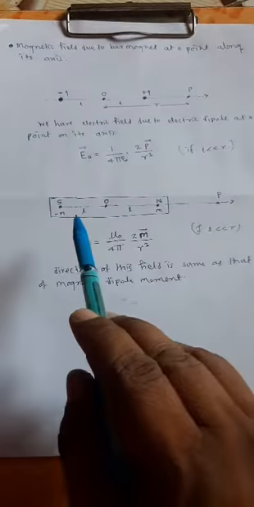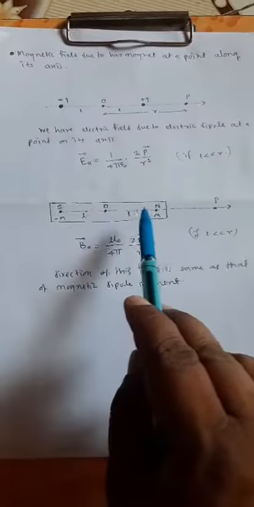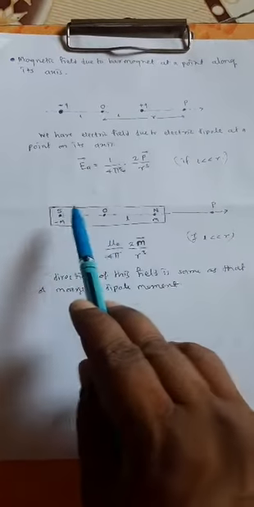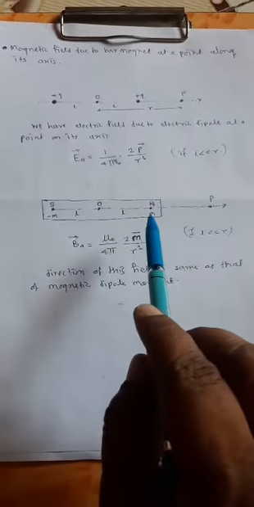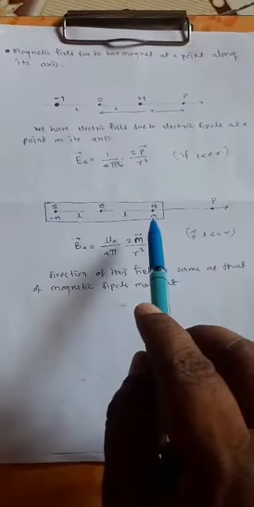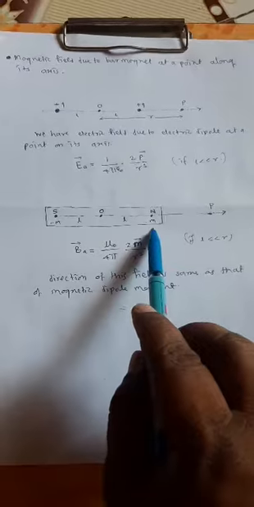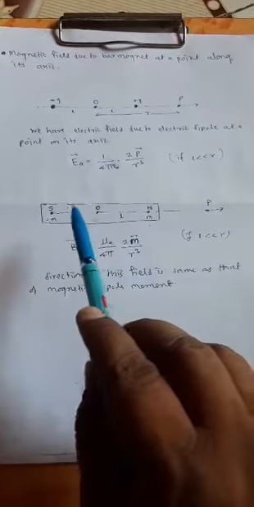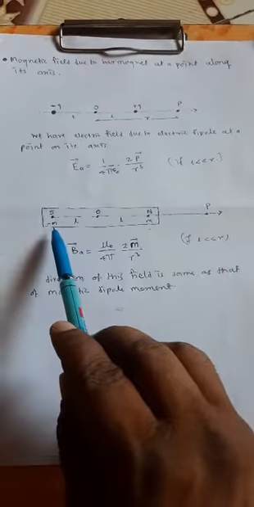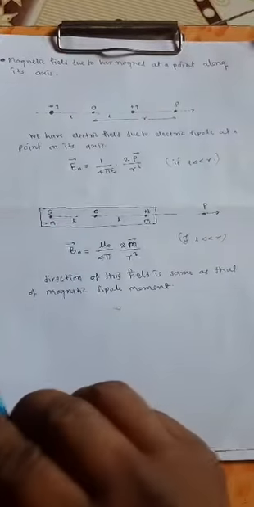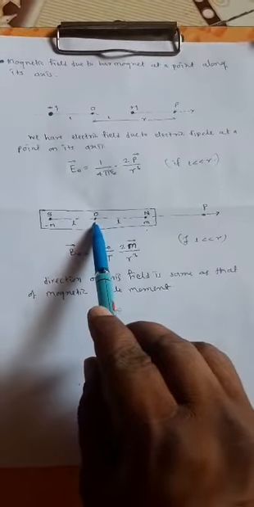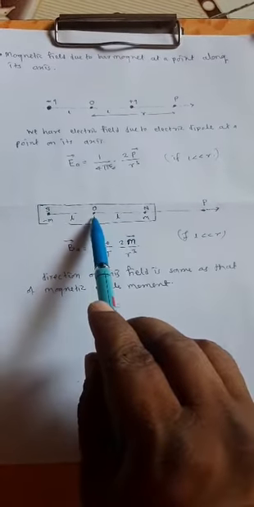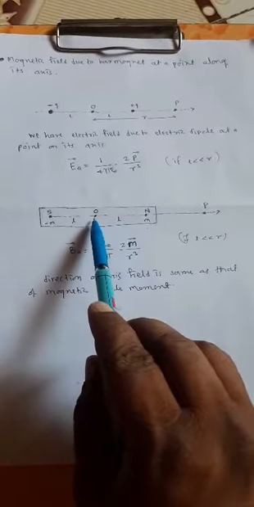Now consider a bar magnet. It consists of two poles, N pole and S pole. Magnetic strength of the north pole is denoted by +m, and magnetic strength of the south pole is denoted by -m. Let O be the center of this bar magnet.